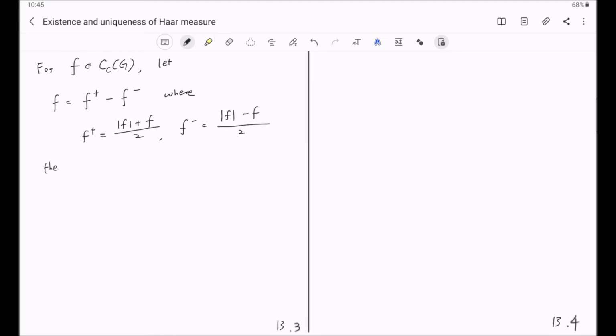Then f plus and f minus are in C_c(G) restricted to non-negative functions. This is really just C_c^+(G) union the zero function on G.